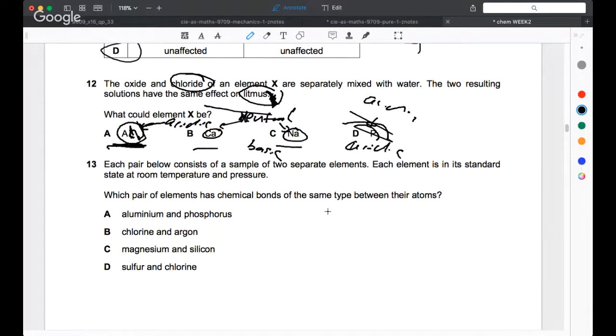Metallic and covalent. So not A. And then covalent and nothing. Metallic and covalent, and then covalent. So it's D.